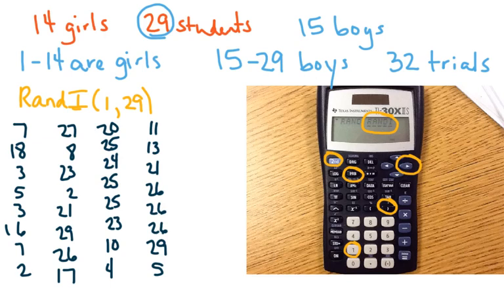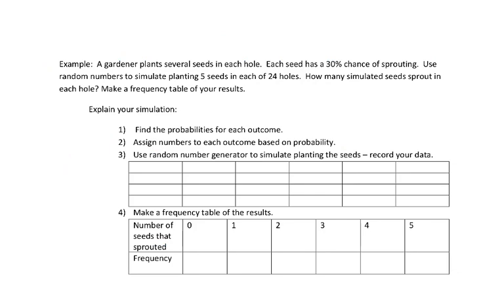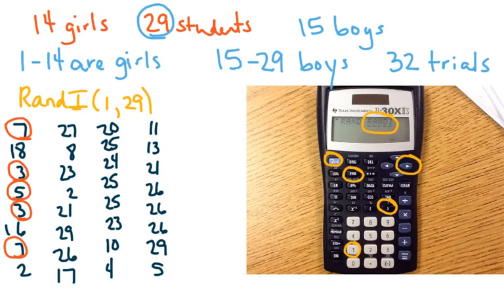So now what I'm going to do is identify which ones are girls. I'm going to circle the ones that are numbers 1 through 14. Oops, sorry about that. So I'm circling all the numbers 1 to 14, so you should do that with your papers.